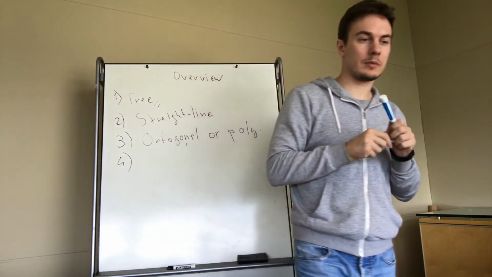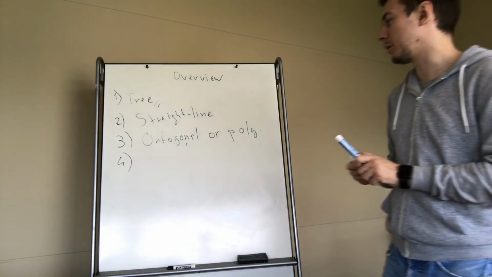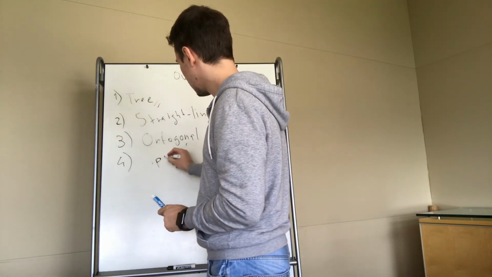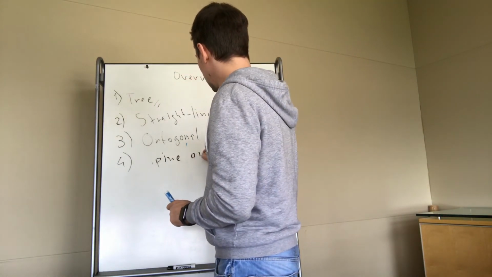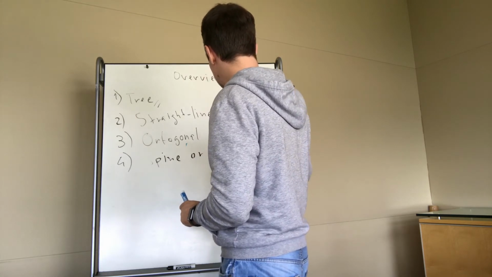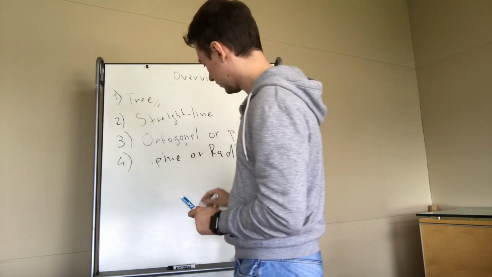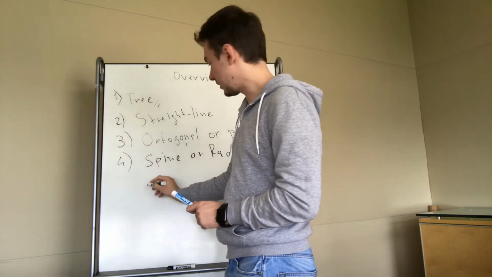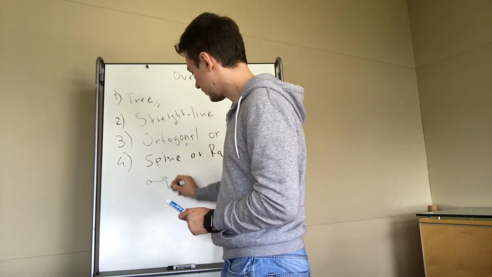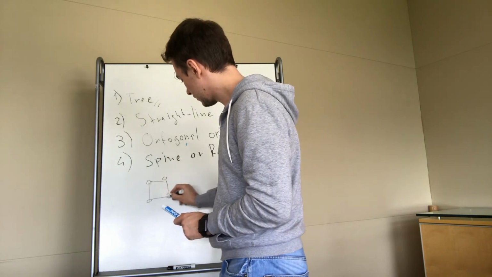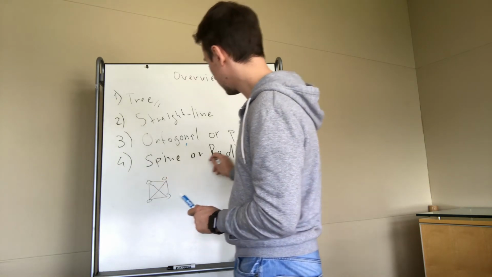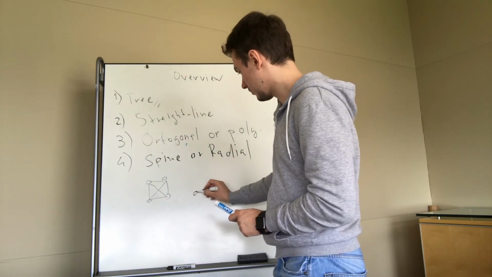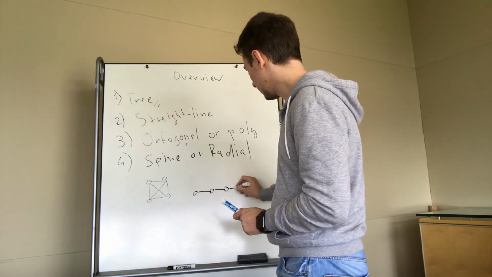The fourth class of drawing algorithms is spine or radial. Let's redraw this graph like this. 1, 2, 3, 4.